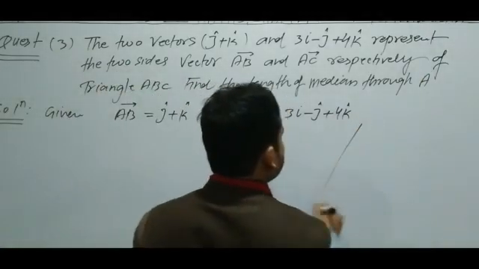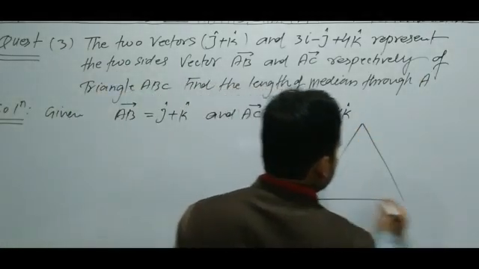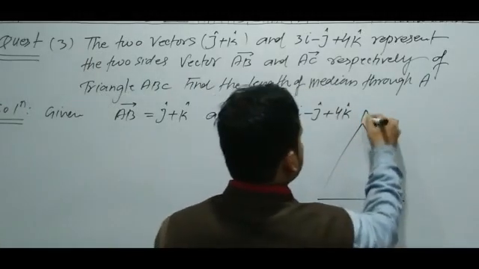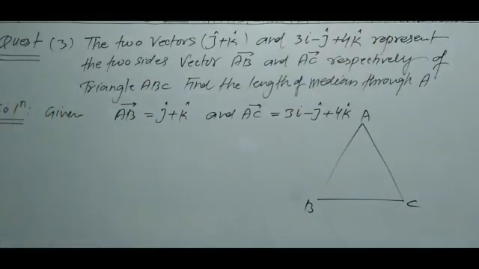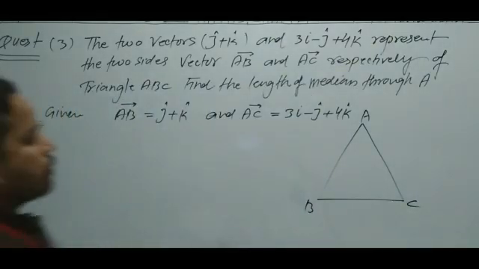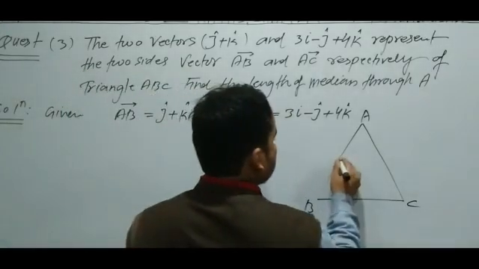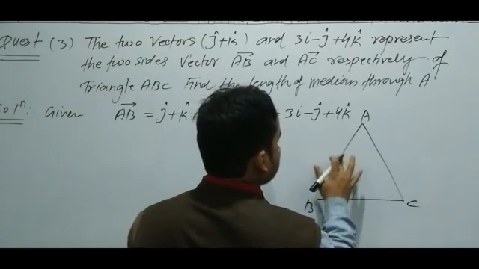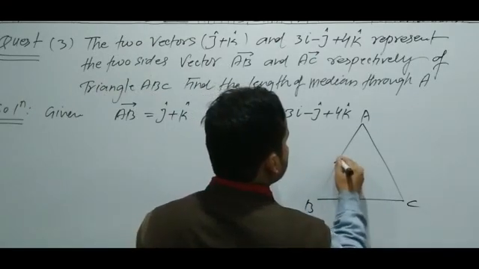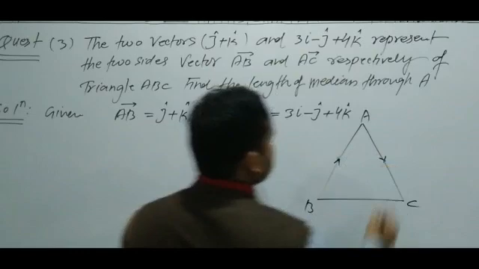So consider this is the triangle ABC. This is the AB vector and now AC.